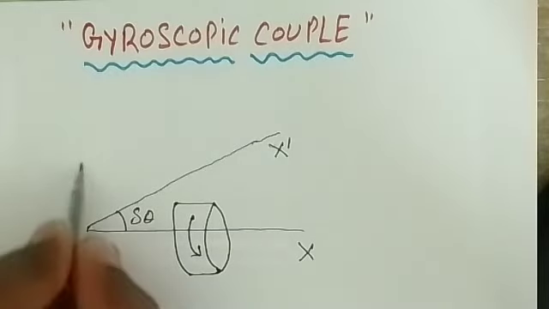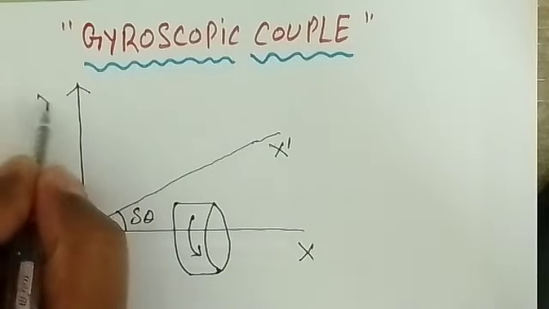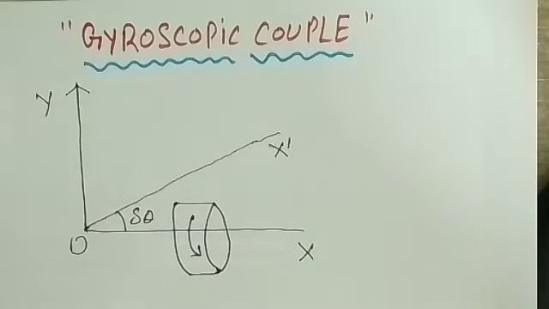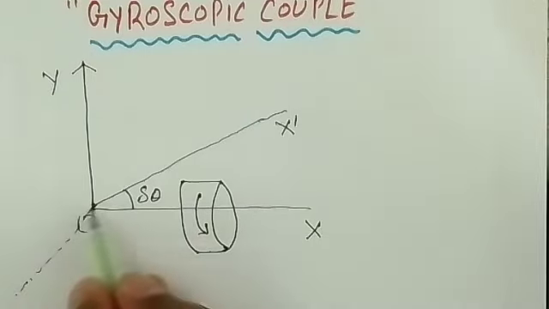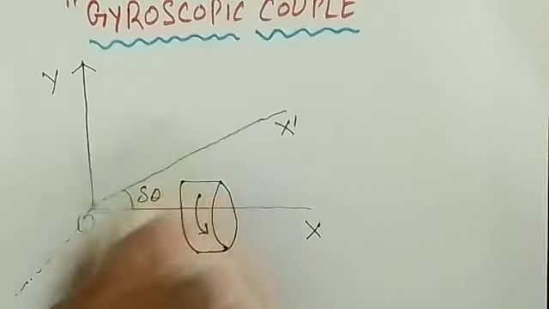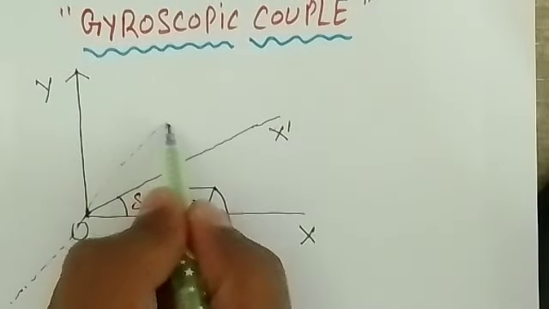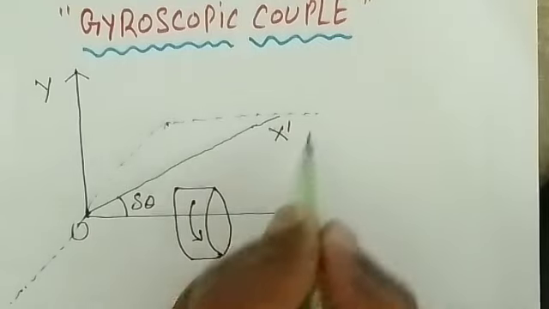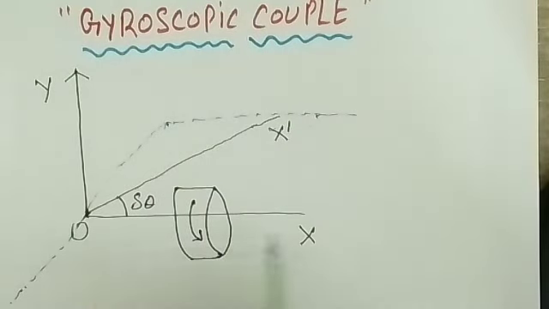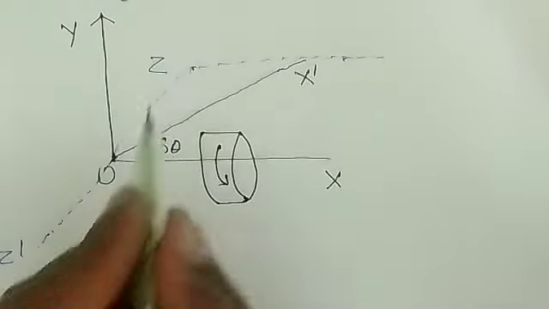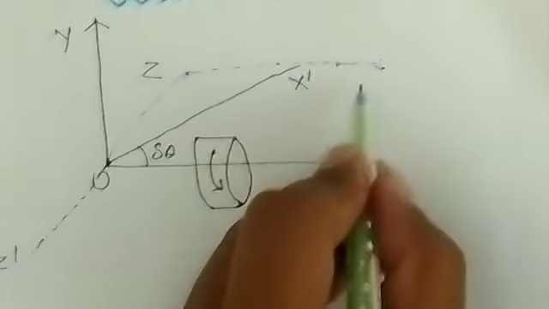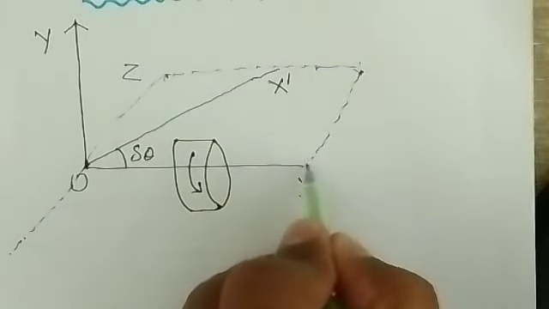Now this is the vertical axis, OY is the vertical axis, and you have a Z axis. Let's say this is your ZZ axis. This is the Z axis and this is Z dash. Now we are drawing one plane, that is the XOZ plane.